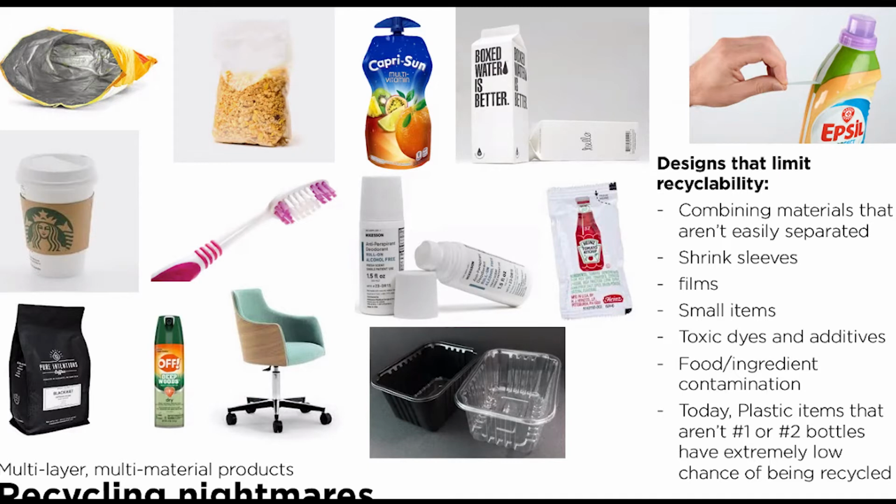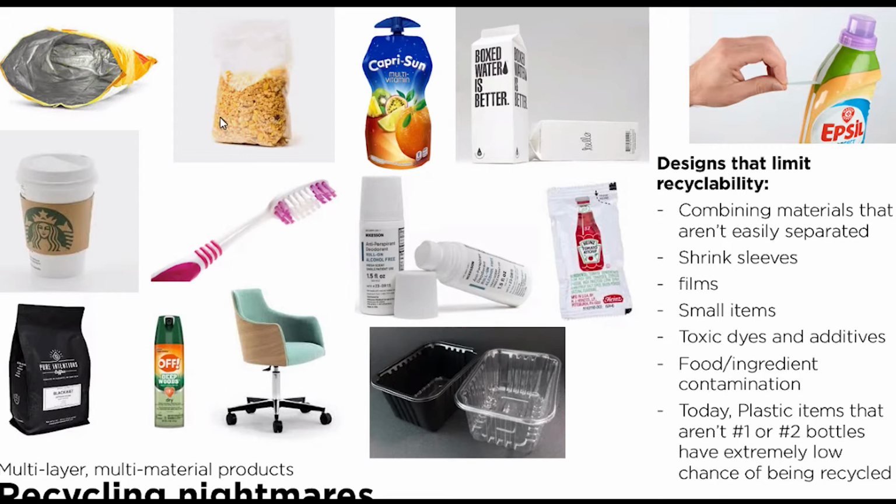There are thousands of different types of polymers out there. There are 6 main categories of plastics that we use in most food packaging. But there's many different types of plastics. And a lot of the time, there are multiple types of plastics combined in a single product.